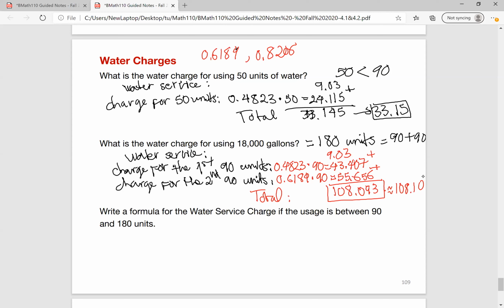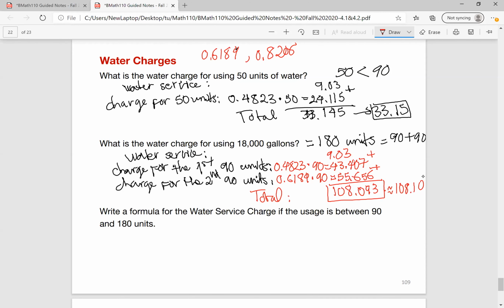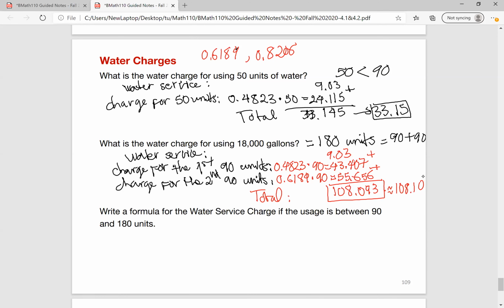Okay, so write a formula for the service charge if the usage is between 90 and 180 units. In this case, I don't know how much was used, so I'll say it's X, and X is between 90 and 180, right?